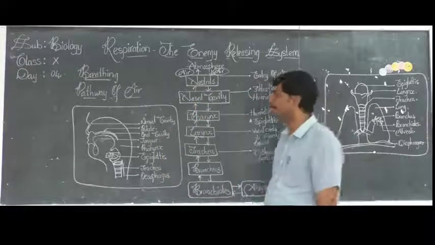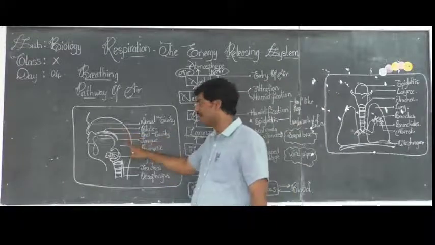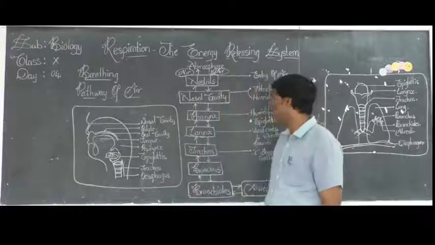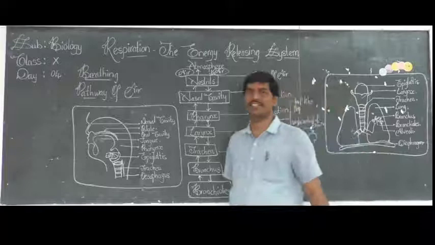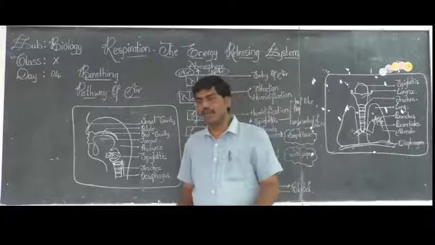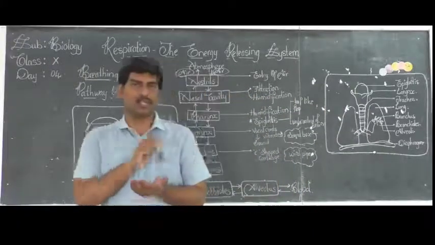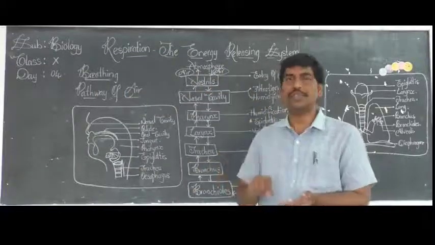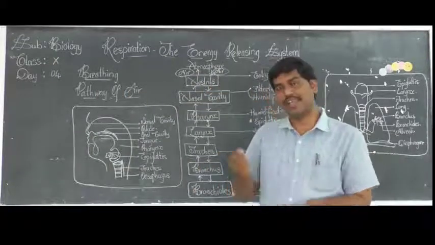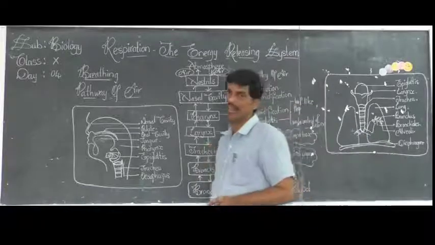The air from the nasal cavity enters into the pharynx, and further the process of humidification takes place in the pharynx. Now, children, you may get a doubt. The food also enters into the pharynx, and air is also entering into the pharynx.